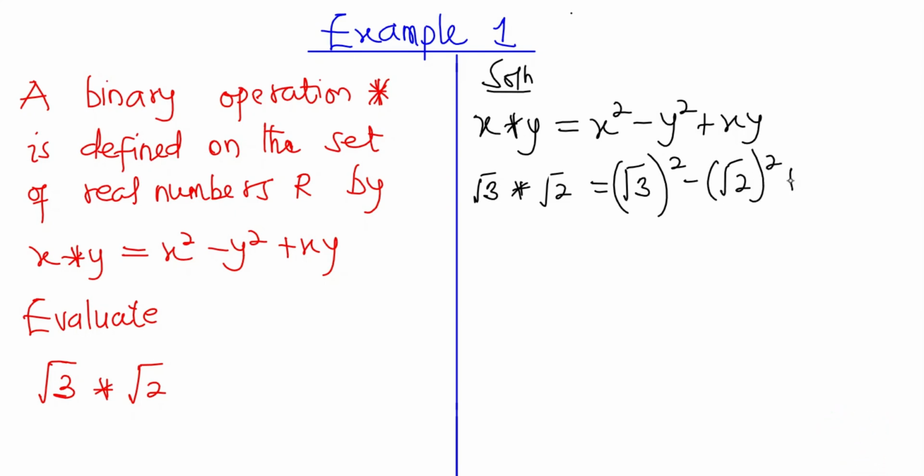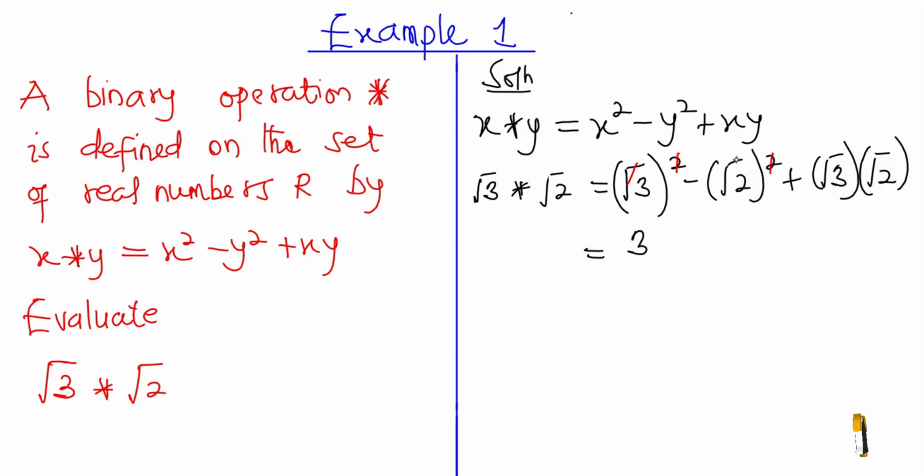Now plus xy, that means square root of 3 multiplied by square root of 2. Now here we are going to simplify, and we can see that the square root sign is going to take away the square, and we are left with 3. You write 3 here, and the same thing applies to square root of 2.